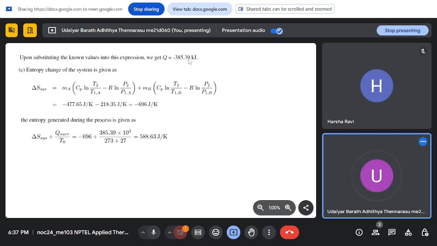With respect to the surrounding, the surrounding is gaining that heat, so it will be positive: 385.39 into 10 power 3 divided by the temperature of the ambient, 273 plus 27. This will give you the entropy change in the surrounding. So adding both, we get the total entropy generated as 588.63 joule per Kelvin.